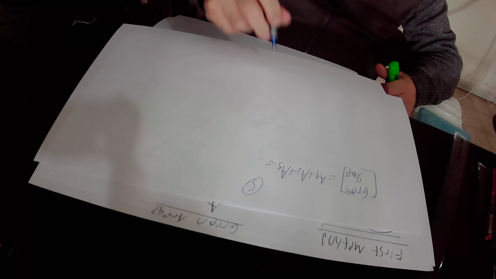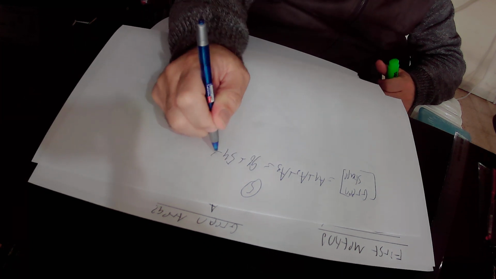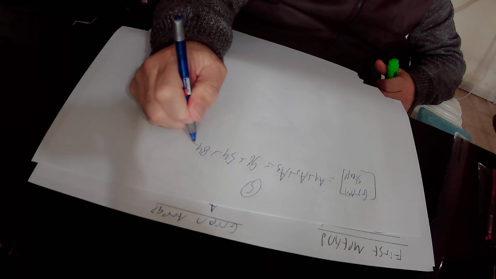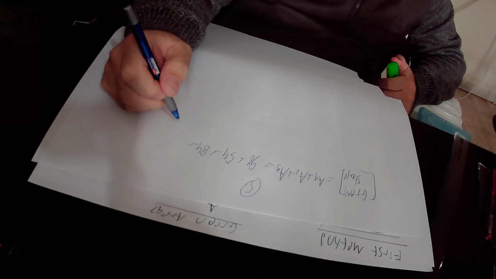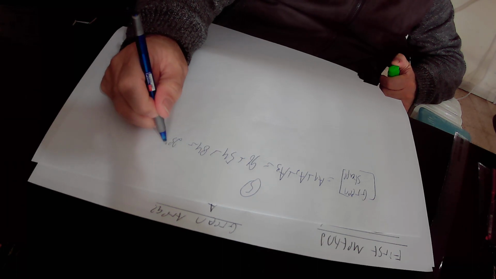A1 equals 96, A2 equals 54, and A3 equals 84. 96 plus 54 is 150, and 150 plus 84 is 234 square units.